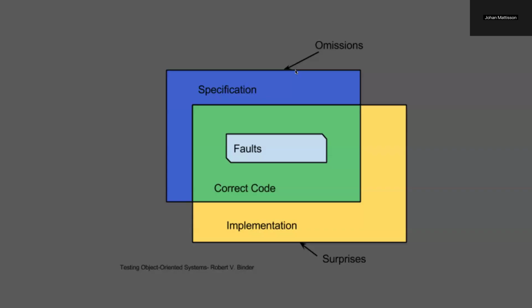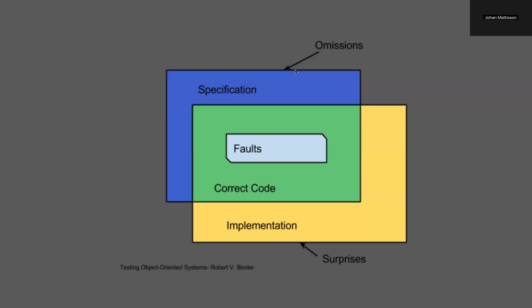So here are the things that we can actually test because we have a specification around it. These things here, outside the overlap area, we don't know anything about. It could be framework code. It could be something that the developer thought was funny to do, but it wasn't in the specification, so it's still there. I've seen a few things that looked really weird.